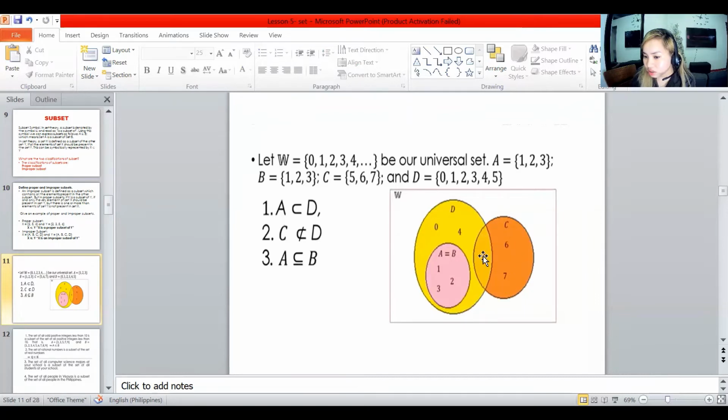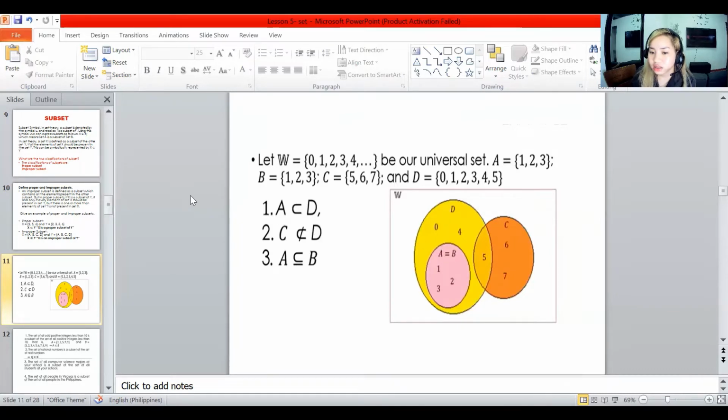And as you can see, nasa loob si 5 kasi meron pong number 5 sa C and D. So C, ito po yung elements inside set C. Tapos sa set D naman po, ito pong lahat. Kasama po si set A tsaka set B dyan kasi nasa loob siya nung circle or set ni D.